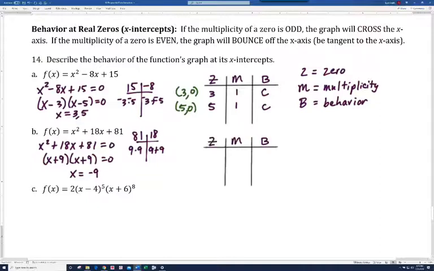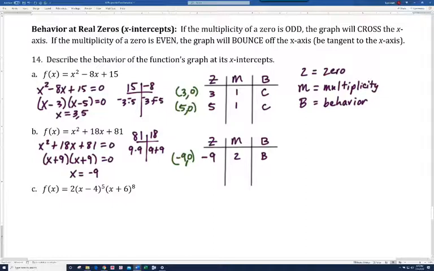So let's do our ZMB chart, and we have a zero of -9, which has a multiplicity of 2, which means at the point (-9, 0), our x-intercept on the graph of this function, the behavior there is going to bounce because we're even.